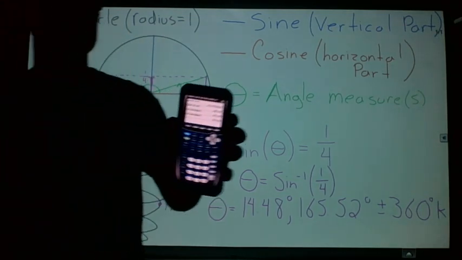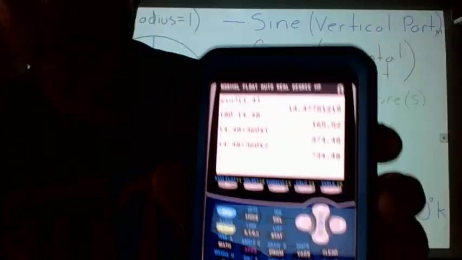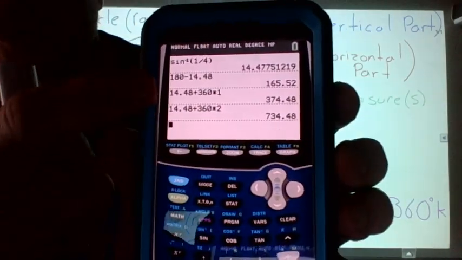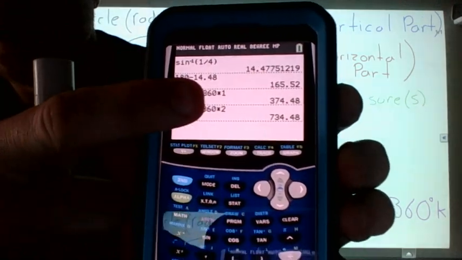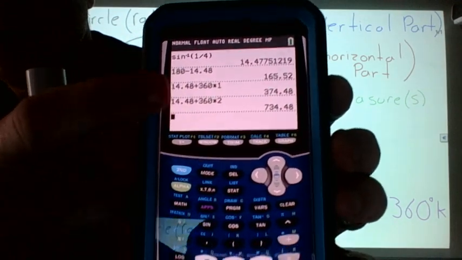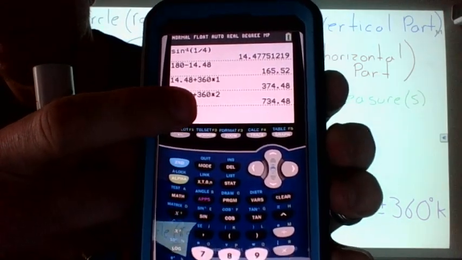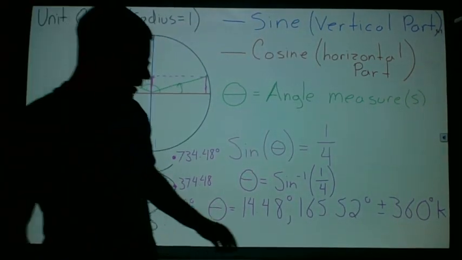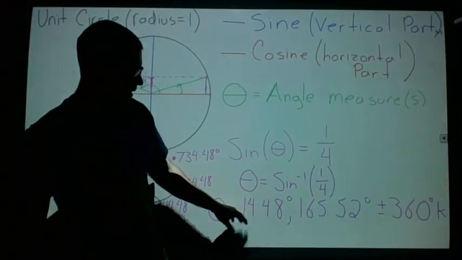So this is how I did that. I did 14.48 plus the 360 times 1, and then 14.48 plus 360 times 2. Notice it follows this exact format that I have here for my answer.